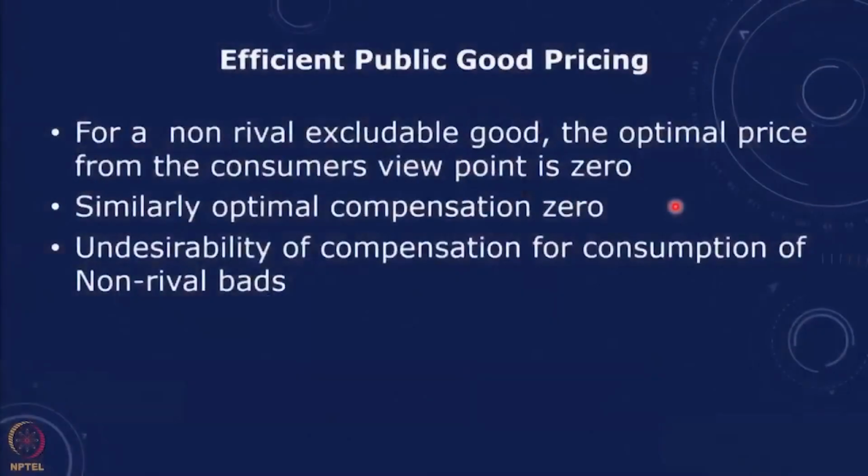Similarly, the optimal compensation for a bad is 0, and that is an interesting kind of thing. For instance, if you look at an airport and you say that the airport has noise, and should we compensate people who are staying in the vicinity and give them some benefit because they have to face that noise.